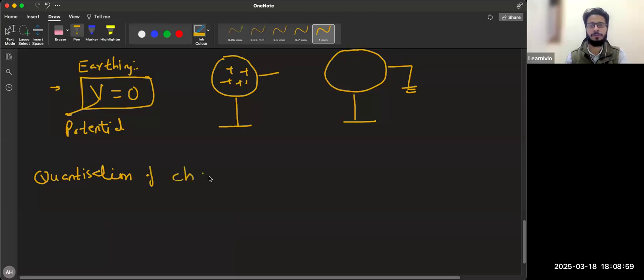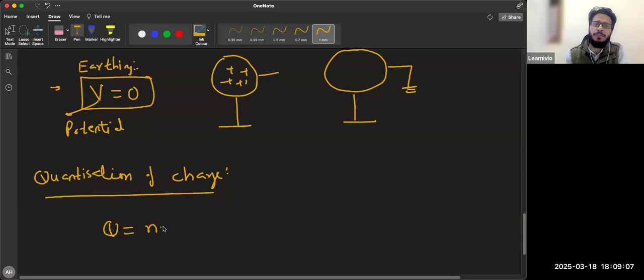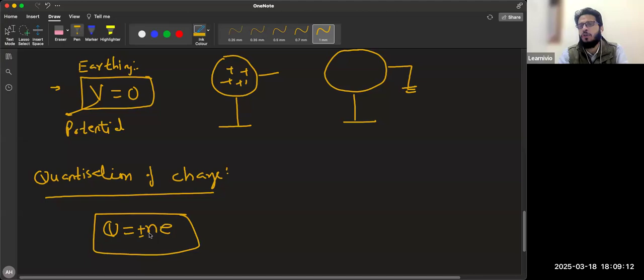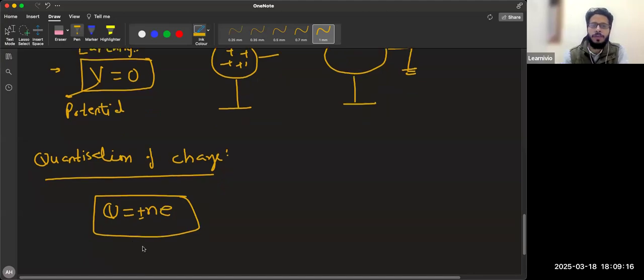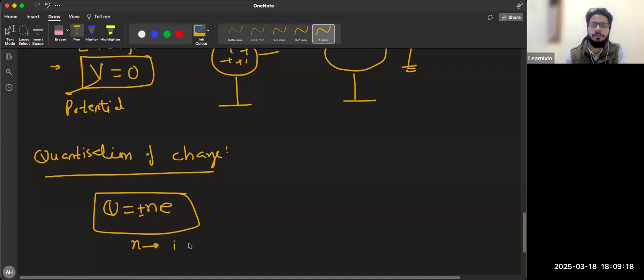Quantization of charge. Quantization of charge says if you have an object, the charge on that object can only be an integral multiple of e, positive or negative, Q equals n e, where n is an integer. The reason is, when you charge an object, you transfer electrons.